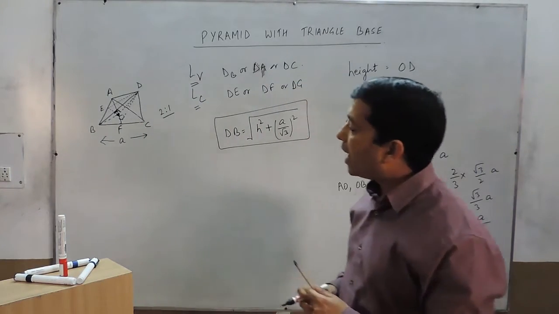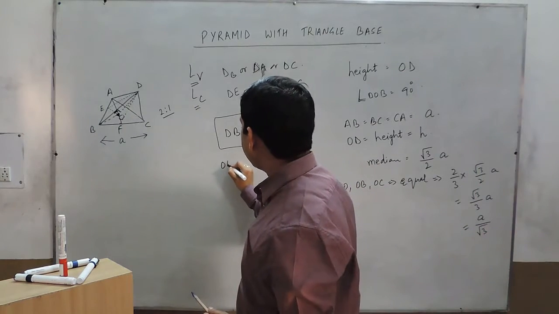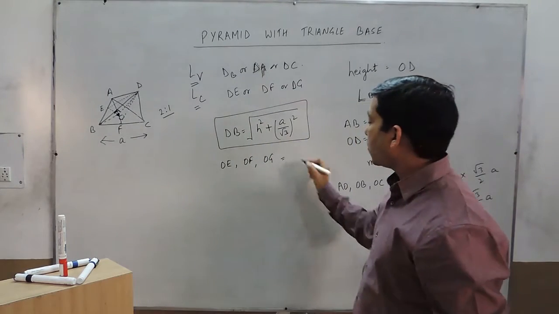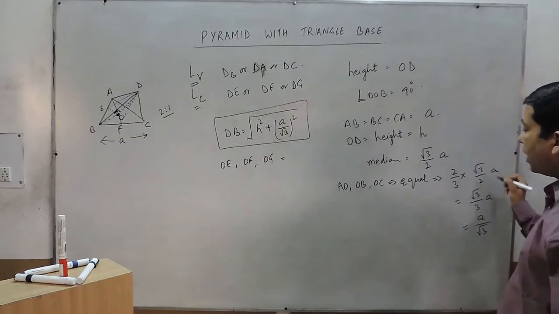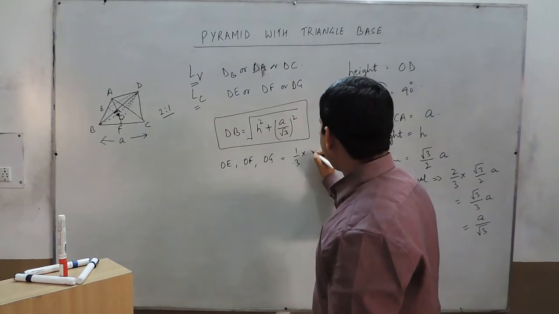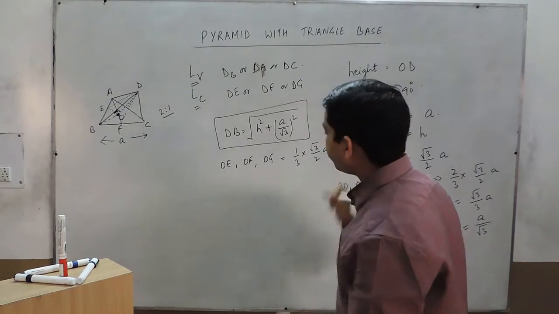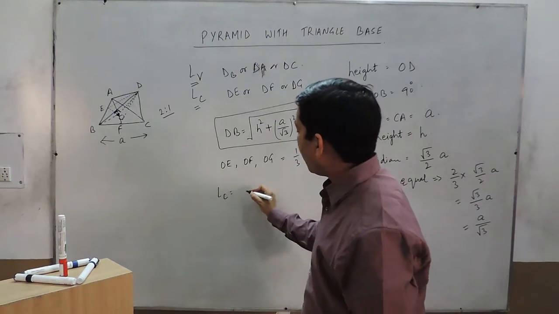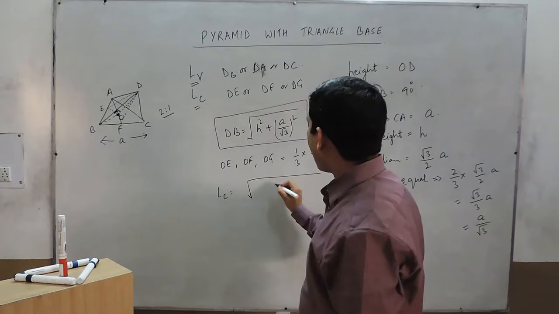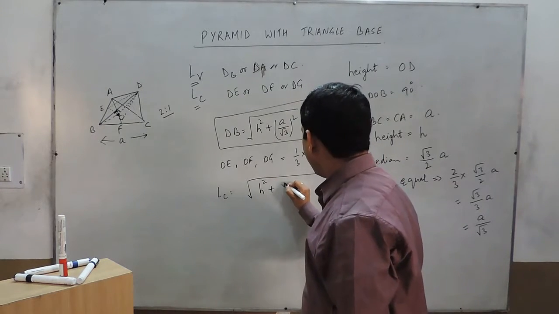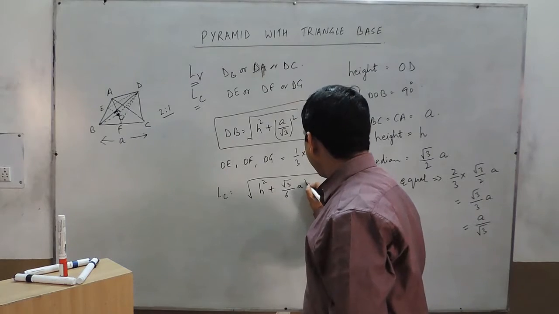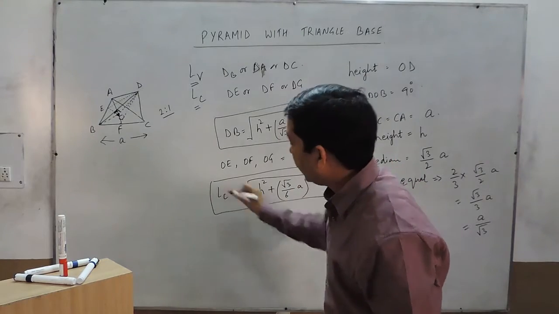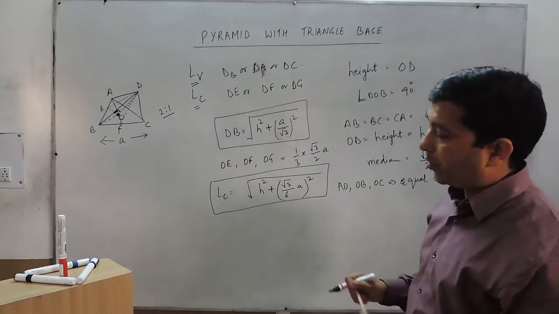The length at the center, OE or OF or OG, are all equal and are basically 1/3 of the median, so it is 1 upon 3 multiplied by root 3 upon 2A. To find the slant height at the center, again by the Pythagoras theorem, it is the under root of H square plus root 3 upon 6A whole square. The whole under root of this is known as the slant height at the center of the figure.